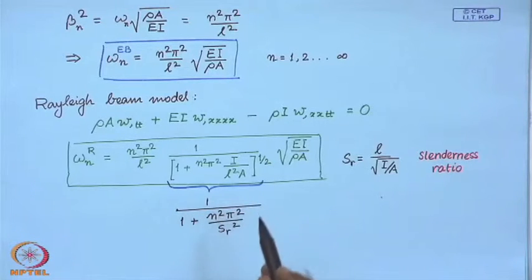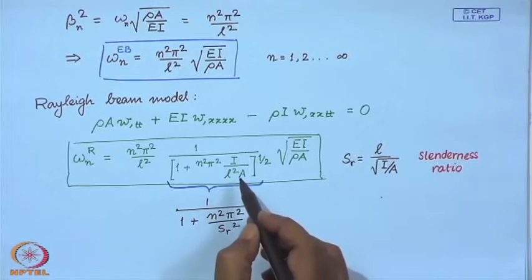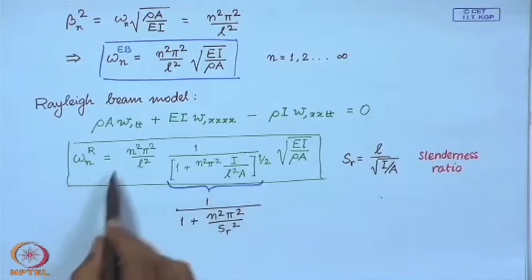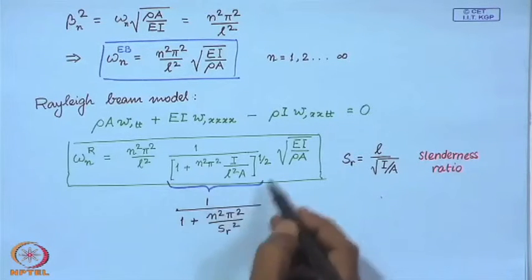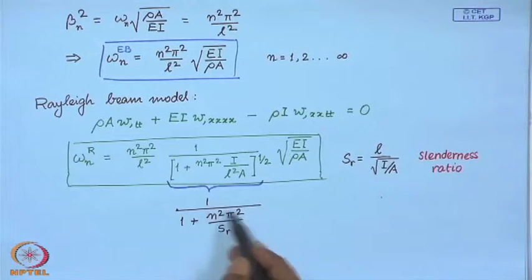So, which means for very slender beams, the circular natural frequencies of the Rayleigh beam model should match with the Euler-Bernoulli beam. But then this term brings in the difference for higher modes. So, for higher modes the frequencies are going to differ. So, as we go to higher and higher modes, the circular natural frequencies are going to be different.